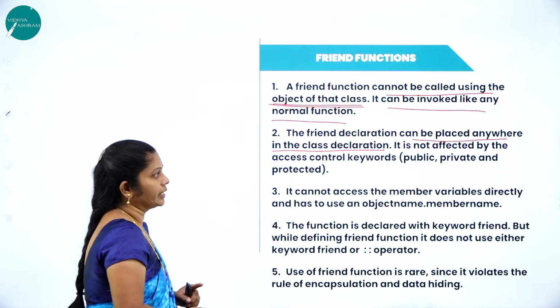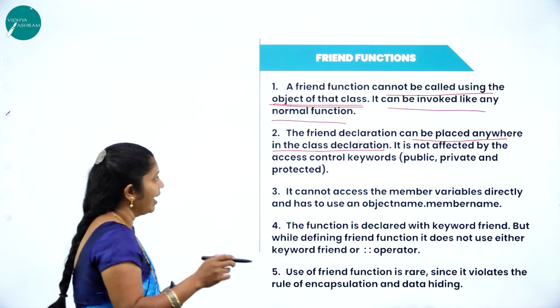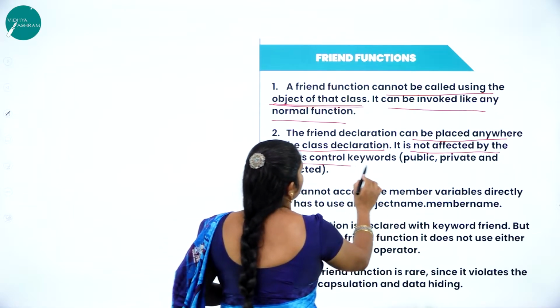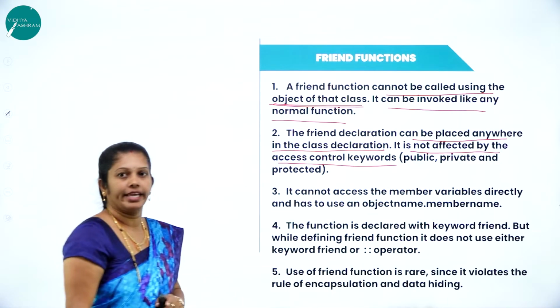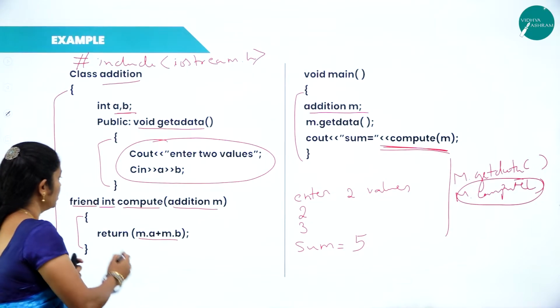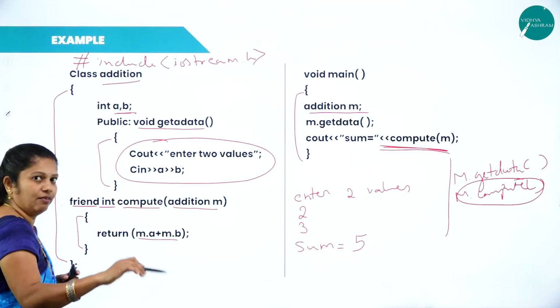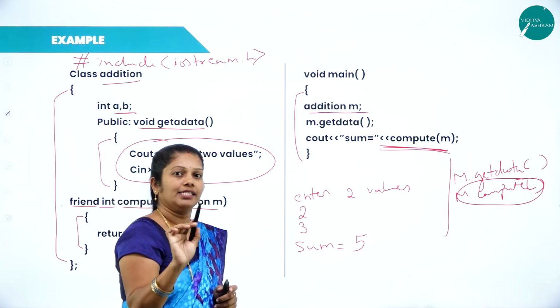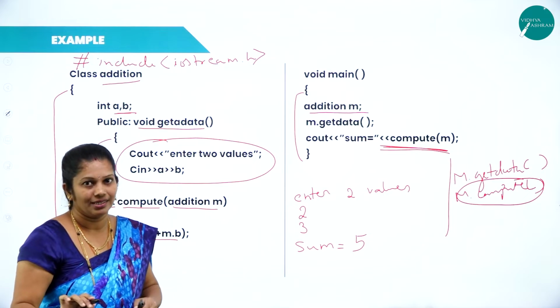A friend function declaration can be placed anywhere in the class. It is not affected by the access specifier keywords like private, public and protected. If you observe here, it may be private or public or protected, that doesn't matter. The access specifier is not important here.